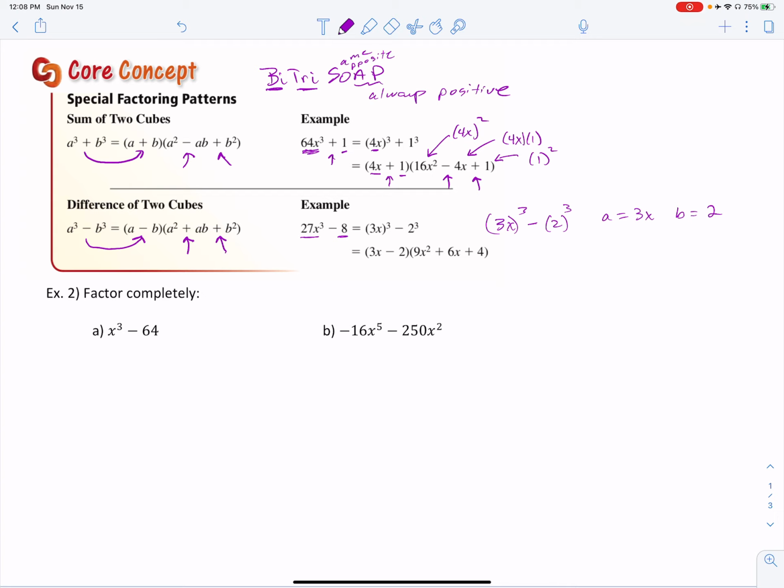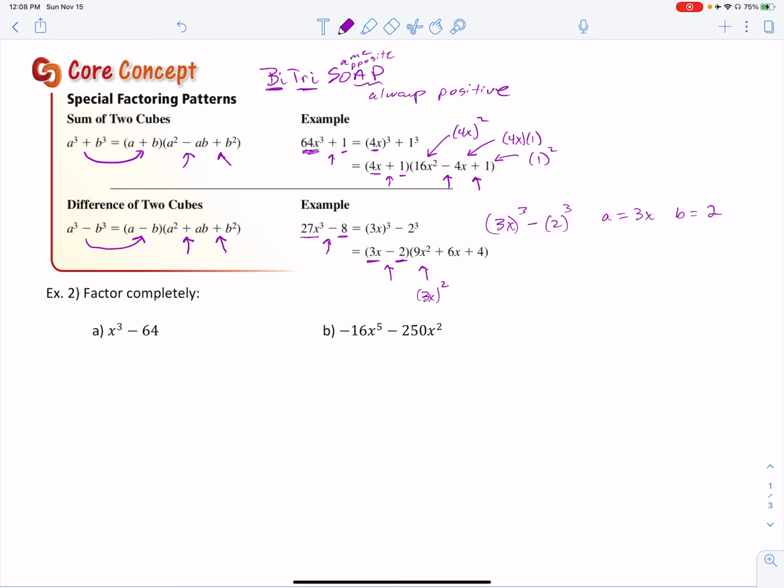And so in the binomial, by try soap, the binomial will have subtraction because this was a difference of two cubes. And then we have that cube root, or the value of a, the cube root of 27x cubed, and then the cube root of 8, which is 2, which is your value of b. And then you start with the a squared, which is your 3x squared.